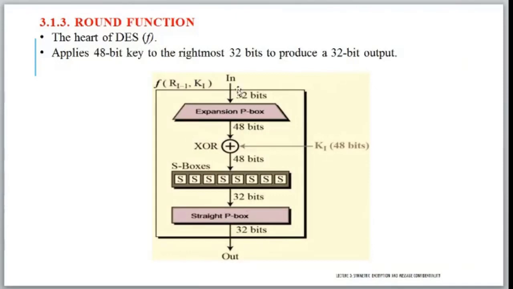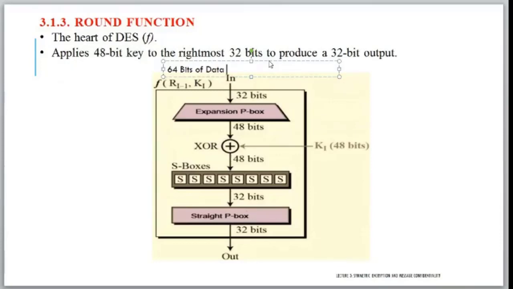Listen carefully because we are not using the board. This is the drawback, so please be careful. See here, the input is 64 bits of data, after permutation or from the previous round.